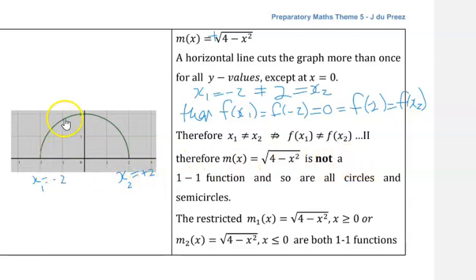Again, we can restrict this graph by only looking at the positive side there from x equal to 0 to x equal to 2, or from the negative side from minus 2 to 0, and then both of the quarter circles will be one-to-one functions.